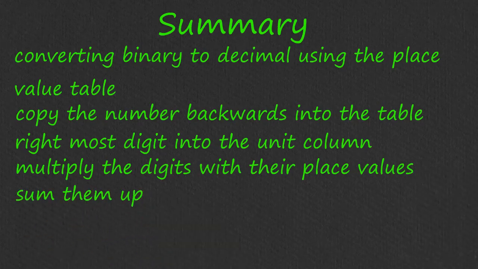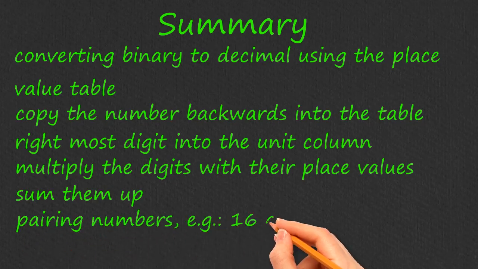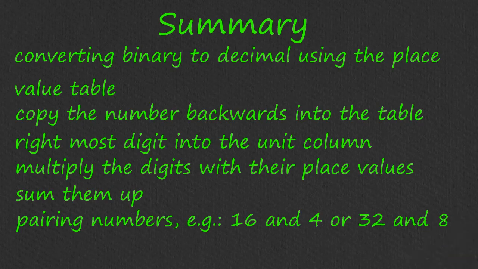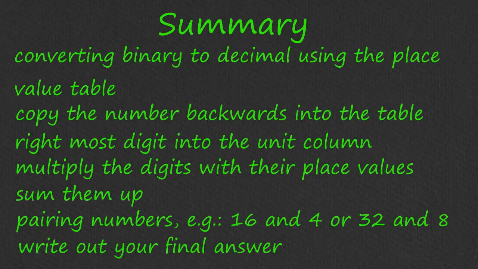If you cannot use the calculator, this summing up can get a little challenging, but by pairing numbers together that are simpler to add up, such as 16 and 4 or 32 and 8, we can make this process faster and less prone to mistake. Lastly, you should always write out your final answer using the standard notation for binary and decimal numbers.